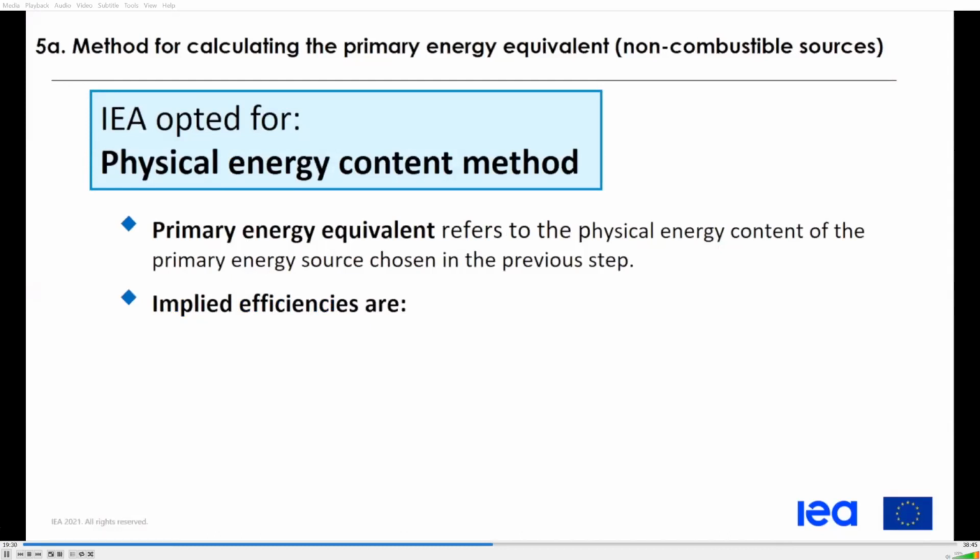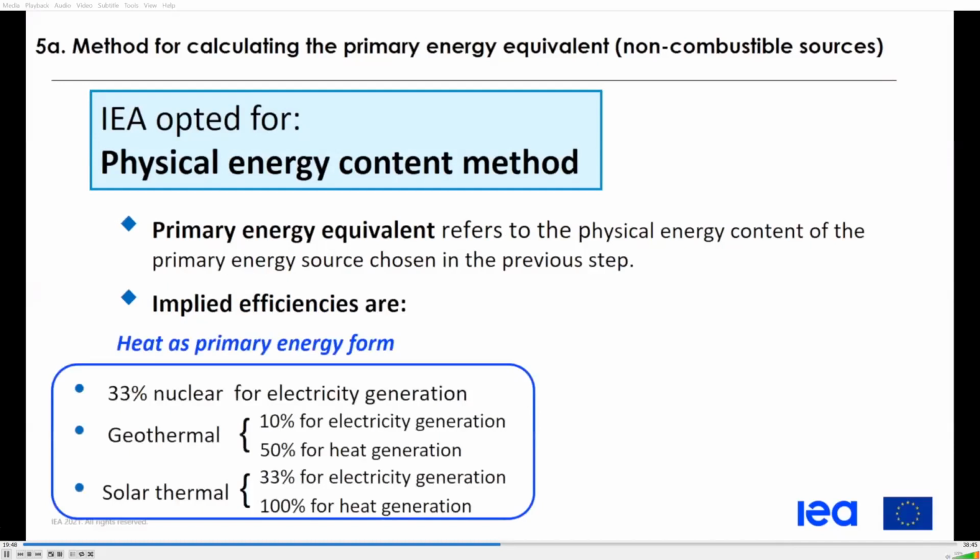As a consequence, there is an obvious link between the principles adopted in defining the primary energy forms of energy sources and the primary energy equivalent of these sources. For instance, in the case of nuclear electricity production, as heat is the primary energy form selected by the IEA, the primary energy equivalent is the quantity of heat generated in the reactors.